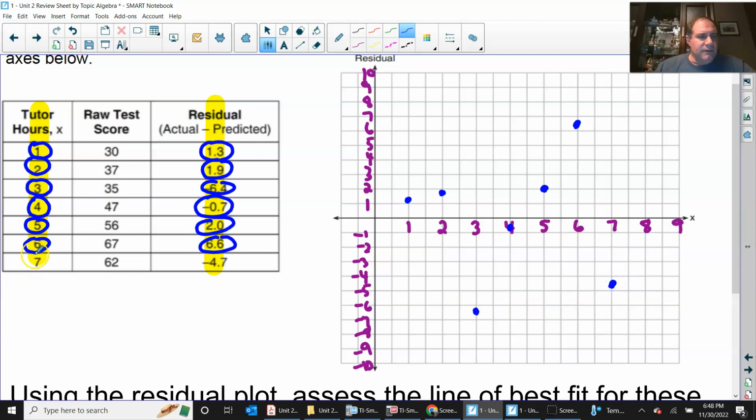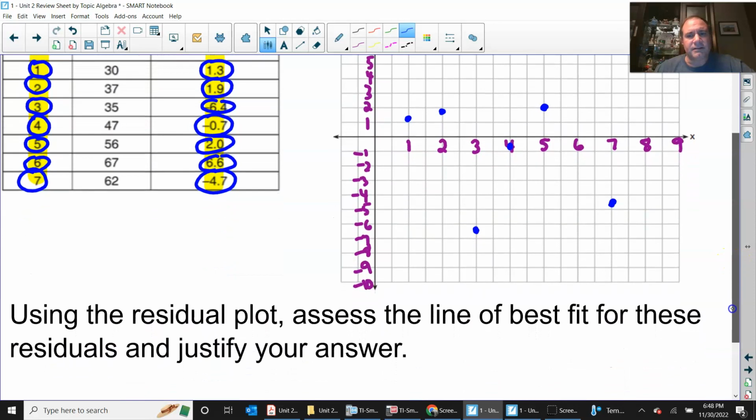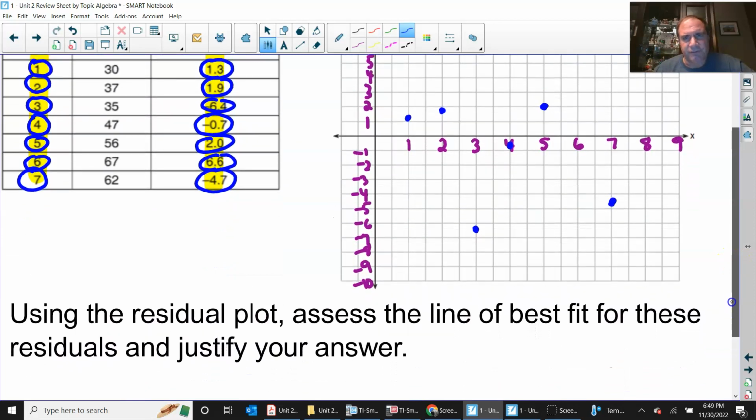Use the residual plot to assess the line of best fit for these residuals and justify your answer.